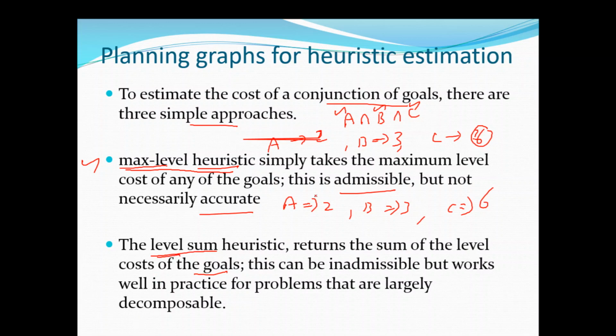Whereas in level sum we add up all these things: 2 plus 3 is 5, 5 plus 6 is 11, and now we say that this is our heuristic cost. So this can be inadmissible. We are adding, hence this value is increasing, so sometimes it may be inadmissible. That is, it may not underestimate the cost to the goal state. But it is good in practical problems that are largely decomposable. For large decomposable practical problems, this type of heuristic was used in the case of planning graphs.